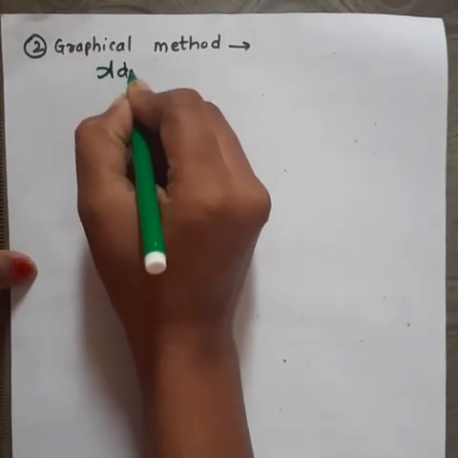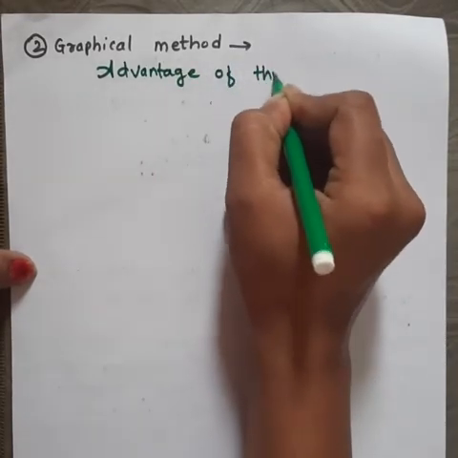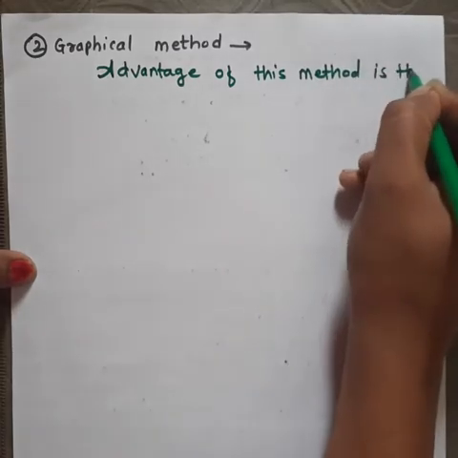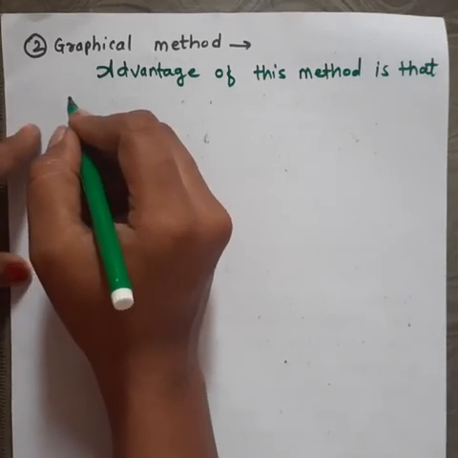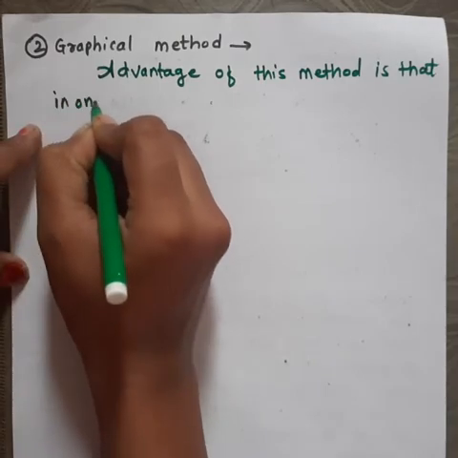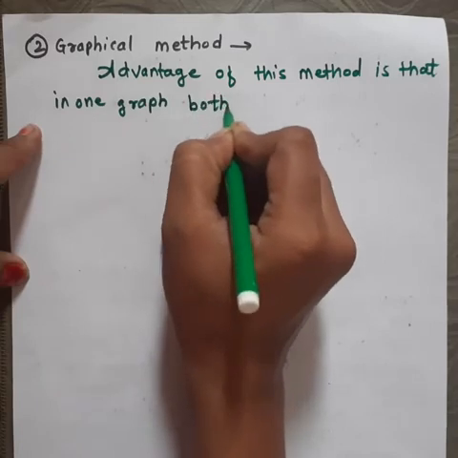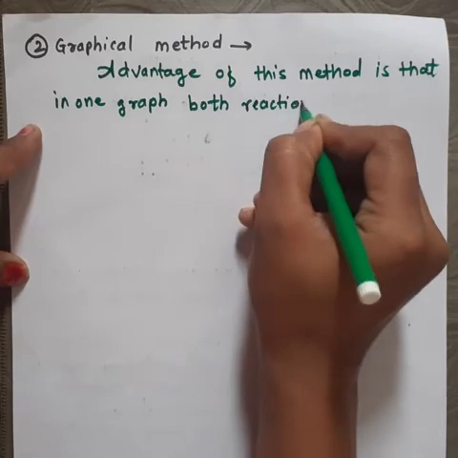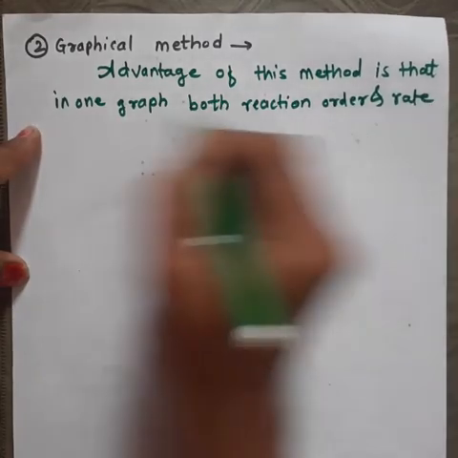So the advantage of this method is that in one graph both reaction order and rate constant can be calculated.